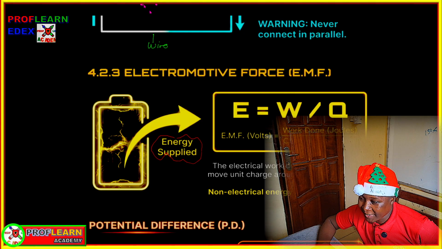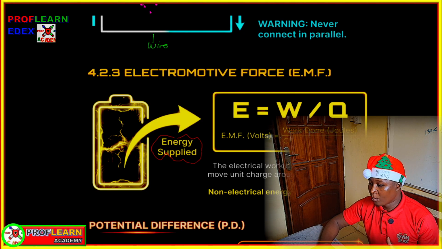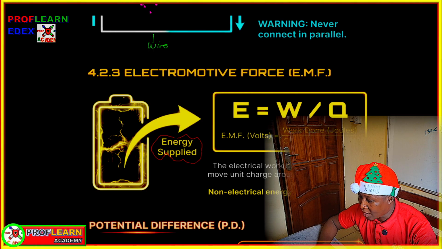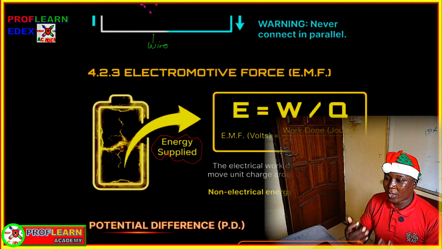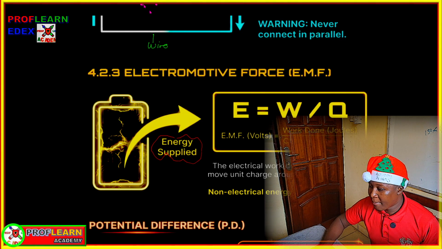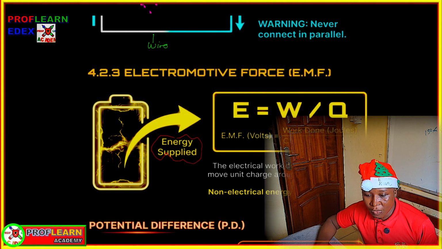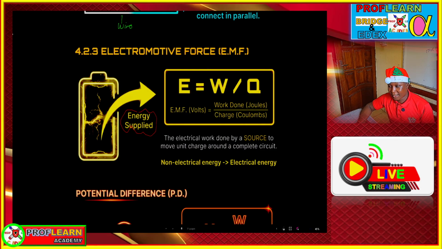So that's why we are saying work done to move a unit charge across the entire circuit is what we call the EMF. EMF is the work done to move a unit charge across the entire circuit. But potential difference is the work done to move a unit charge between 2 points in a circuit.